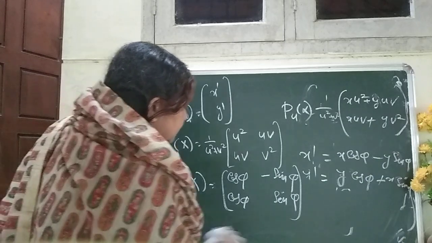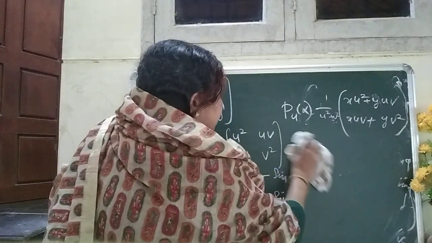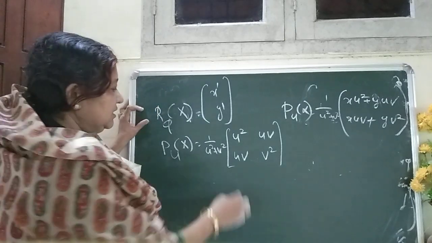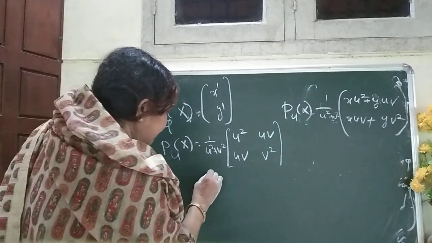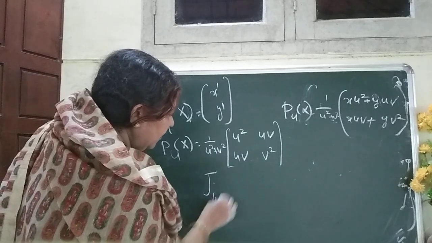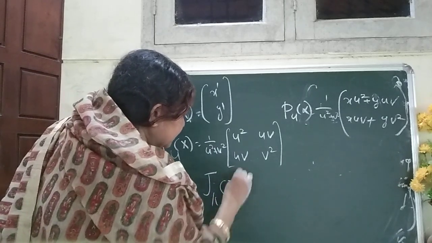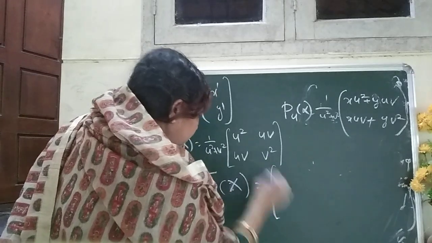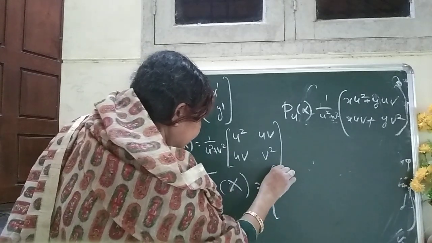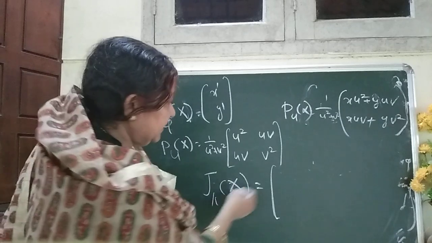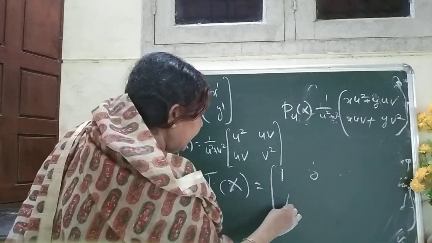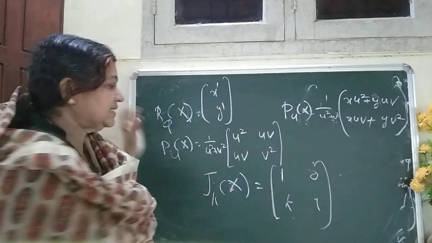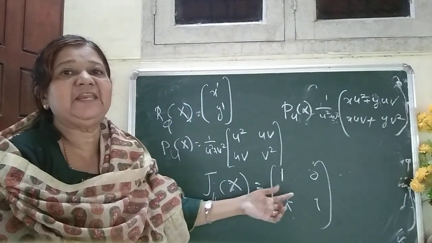Another transformation: first is the shear transformation. The shear transformation, denoted by J_K of X, transforms vectors by means of the matrix 1, 0, K, 1. By means of this matrix, we can transform any vector.